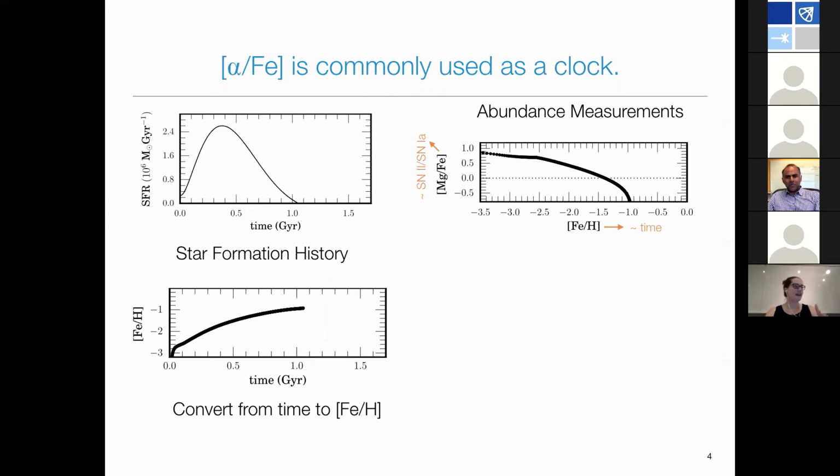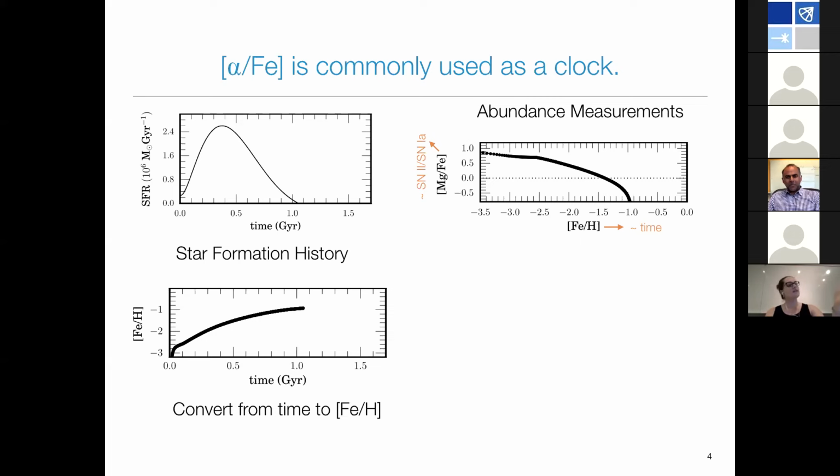Alpha to iron is commonly used as a chemical clock in many different systems. Here's a little diagram of this. If you start out with the star formation history in the top left, you can convert this into iron versus time. You do that by assuming an IMF and then assuming iron yields from supernovae.